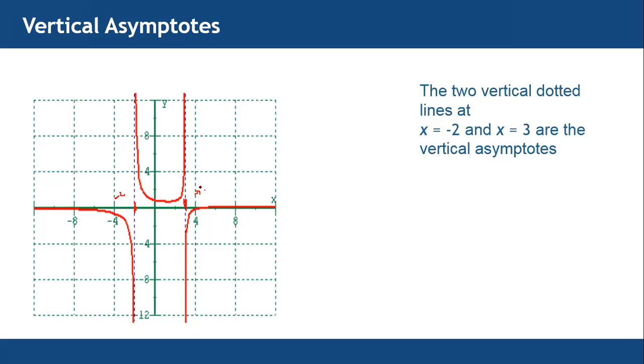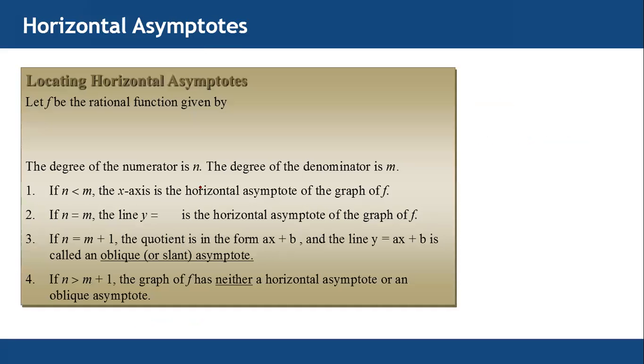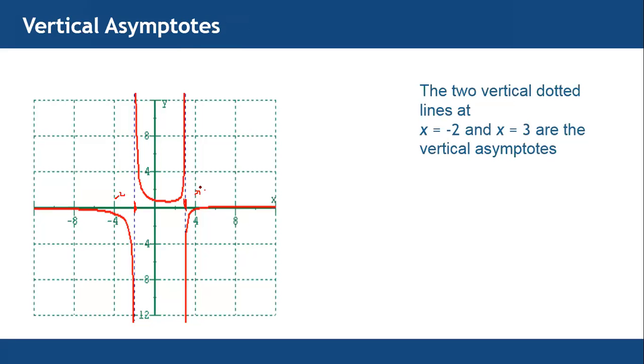You cannot give 3 or minus 2 because the output will be undefined. These are vertical asymptotes. We have a rule for horizontal asymptotes, but we will discuss horizontal asymptotes in the next lecture. Clear?